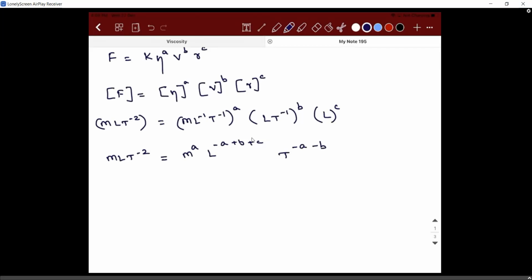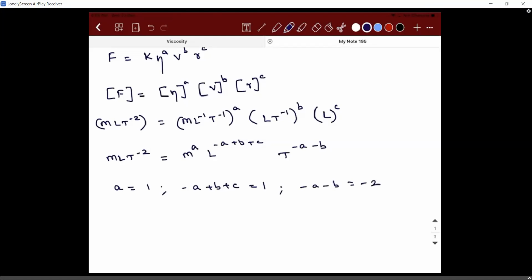So comparing both the sides, A will be equal to 1, -A + B + C will be equal to 1. And what about -A - B? What is -A - B? Minus 2. Correct.